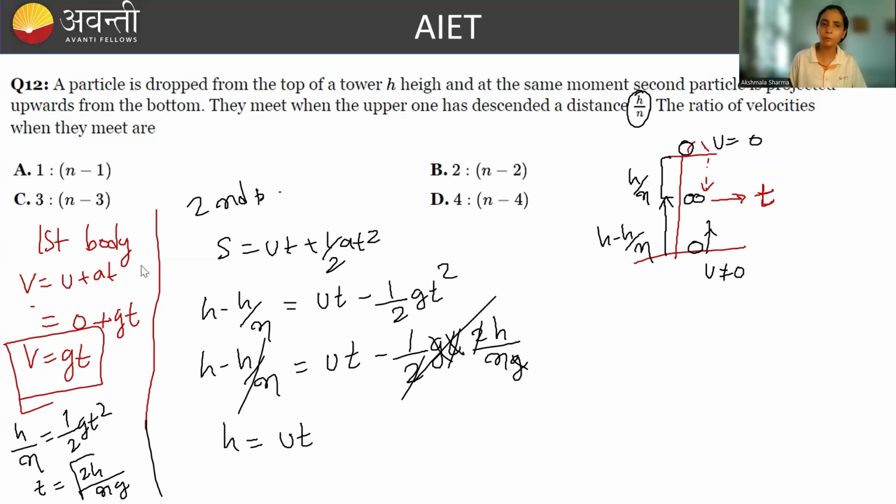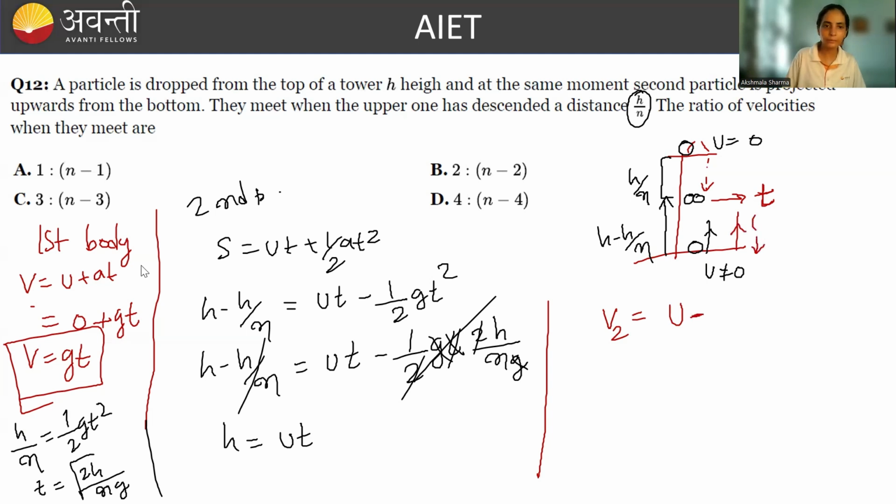Then we can put here the value of t and calculate in terms of h and n what the value of u is. But we have to calculate the ratio of their velocities. The second particle will have the velocity of u. Its initial velocity is in the upward direction, acceleration is downward.